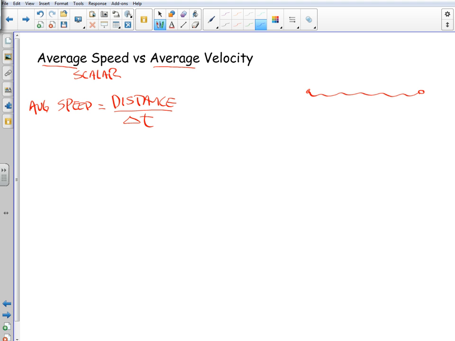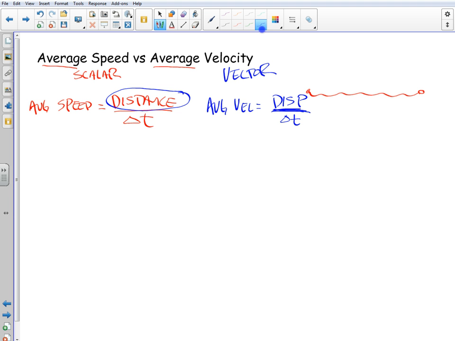Whereas average velocity is going to be your displacement vector divided by the time it took. Velocity is a vector. So in the previous example, the speed would be that whole path that you walked your dog, while the velocity would only be from your house to your friend's house.